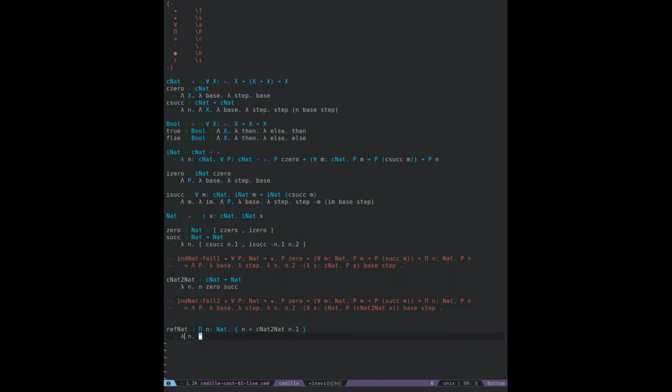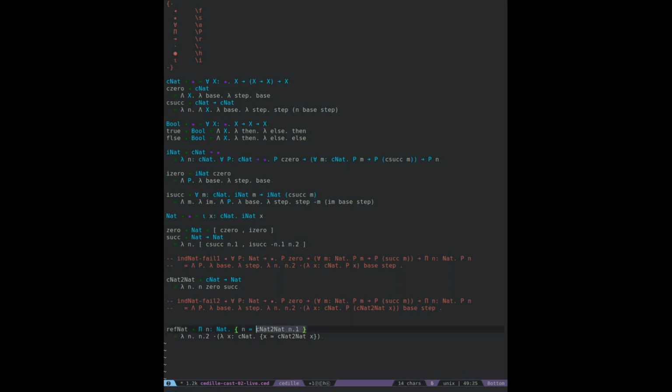But we do have this limited form of induction for CNATs. And it turns out this is all we're going to need. I will say, invoke my induction principle for CNATs on the following motive. For any x CNAT, I have the case that x is equal to CNAT2NAT x.